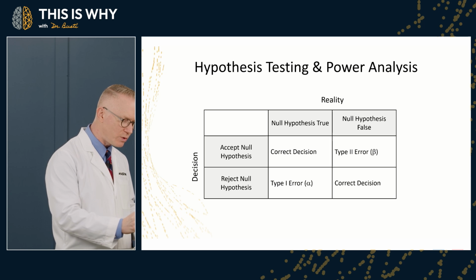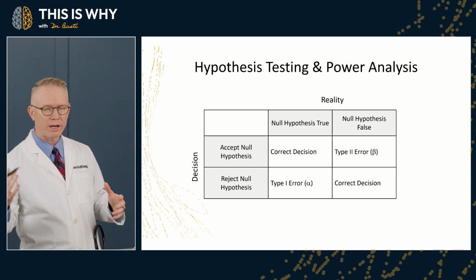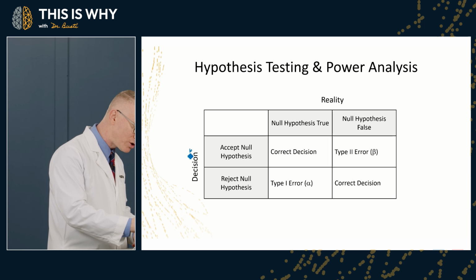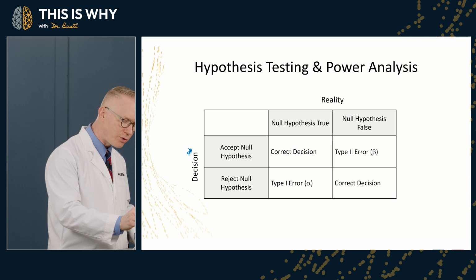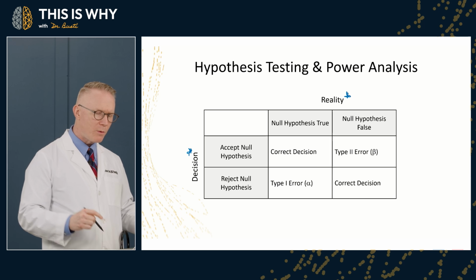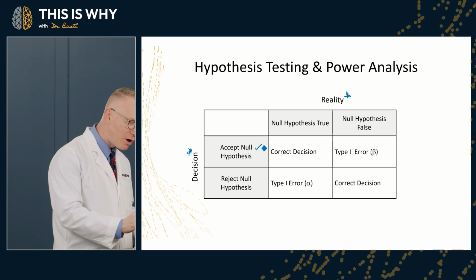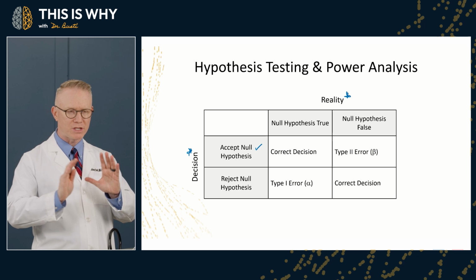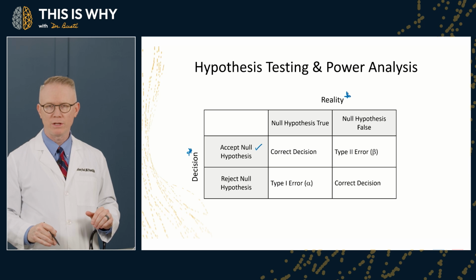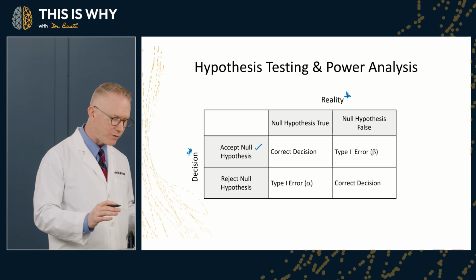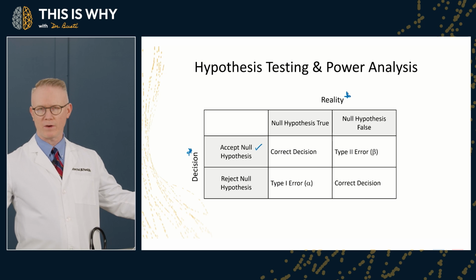So this has to do with the 2 by 2, the decisions versus the reality. Our decision as the researcher or someone reading the paper, versus what is the truth, the reality. And what we want to do is match those up. But if you choose to accept the null, which means, remember, the null hypothesis, that there's no difference in the exposure or intervention between the two groups at minimum, that's what the research says, the paper published says nothing different here.